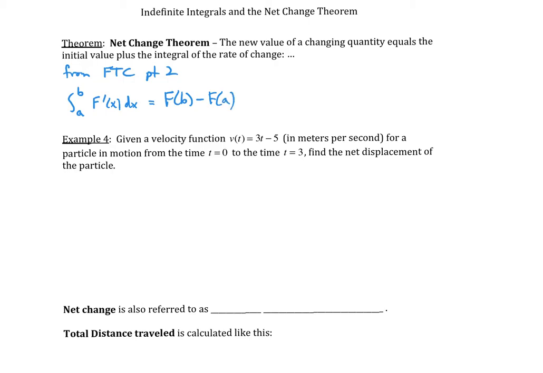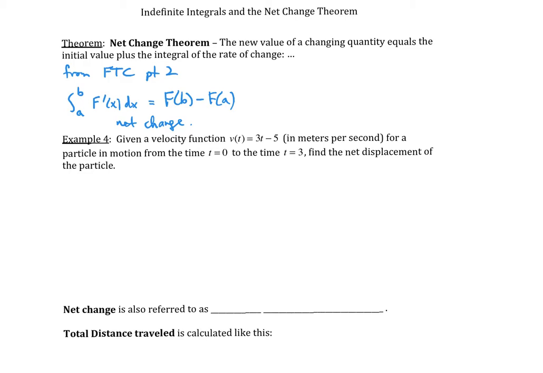So this quantity that I've just written here, this is what we mean by net change. Okay, so the net change is basically just the area under the rate of change curve.